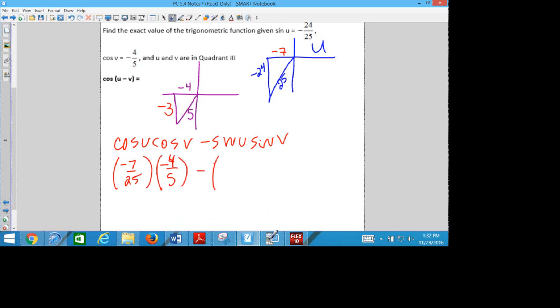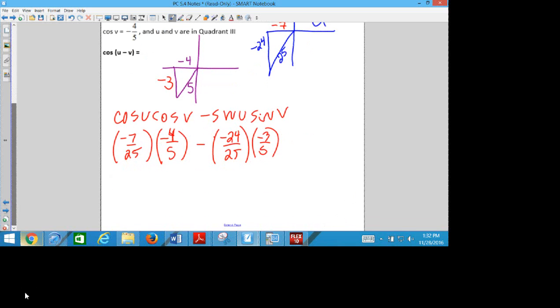Then we subtract the sine of u, which is negative 24 over 25, and the sine of v, which is negative 3/5. You should get 100 over 125, which reduces to 4/5. You're done.